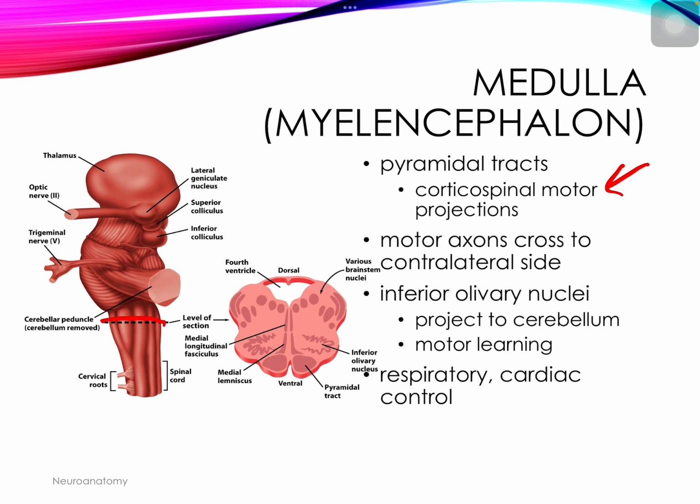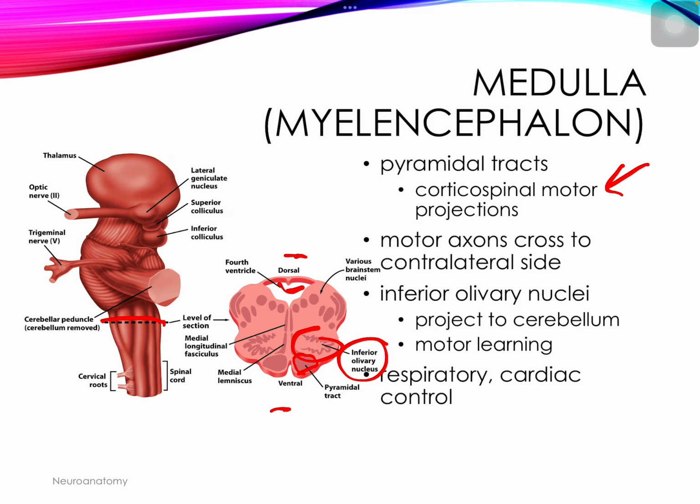This is a section where you can see these tracts; this would be the ventricle, this is the dorsal side, this is the ventral side, and these right here are the pyramidal tracts. And then these olivary nuclei here project to the cerebellum, really important for things like motor learning, procedural learning.